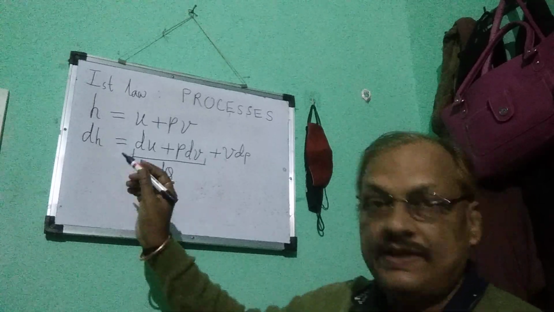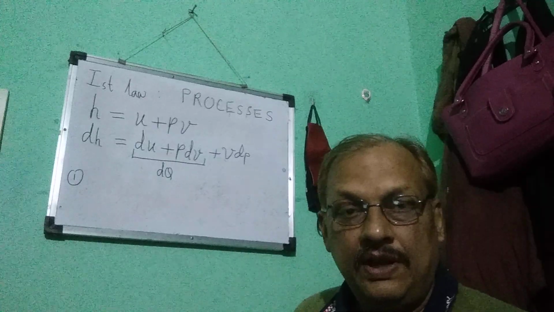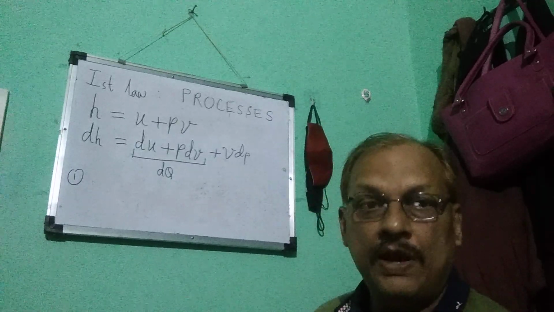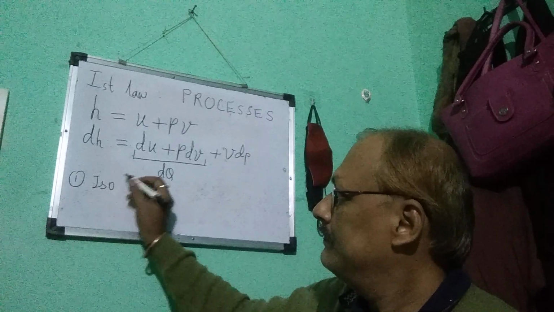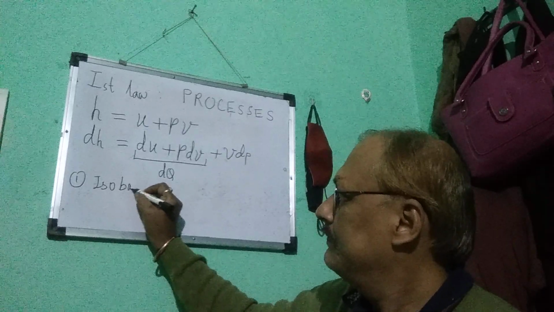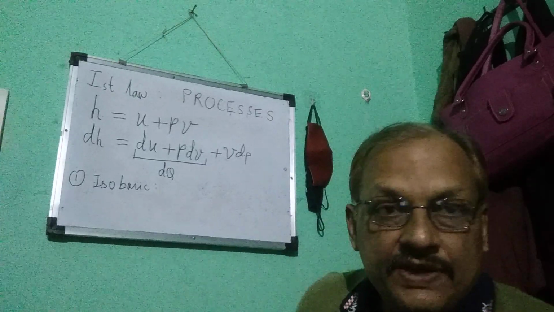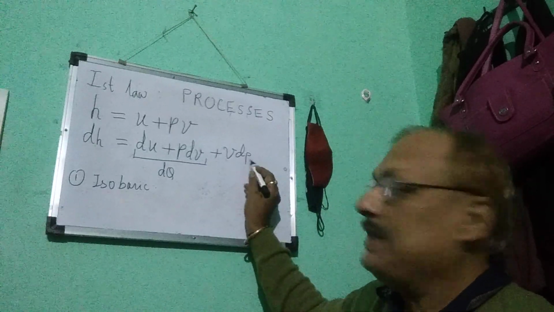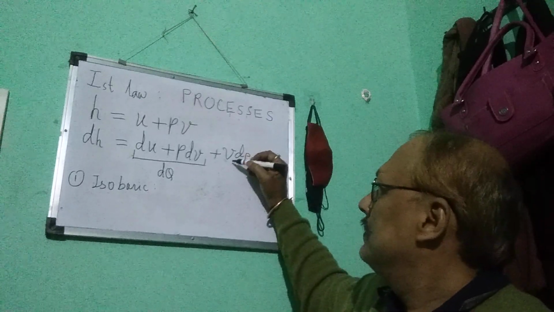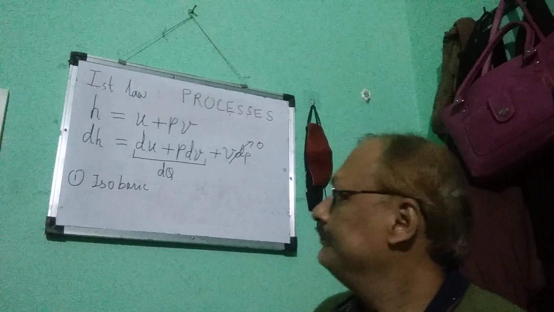So first let's consider the isobaric process. Isobaric means pressure is constant. So the dp term will be 0, so this term will be 0.